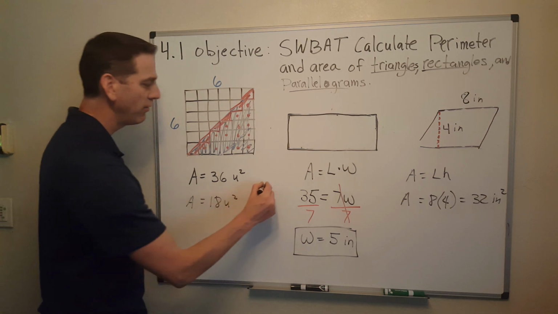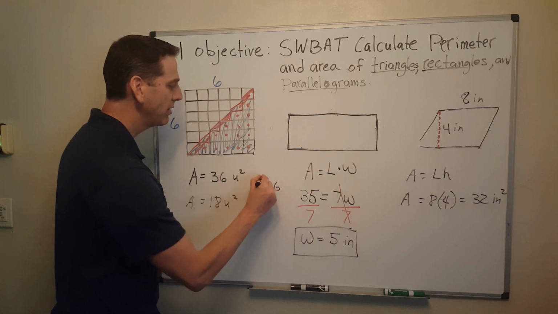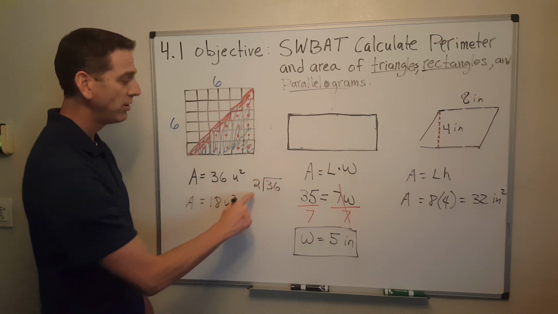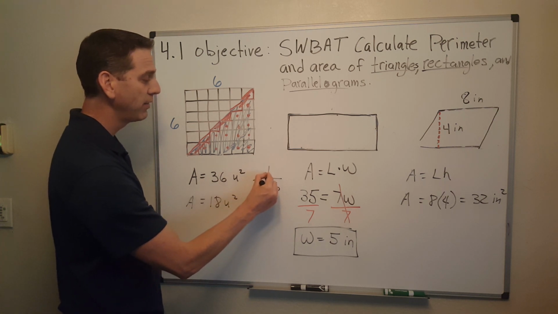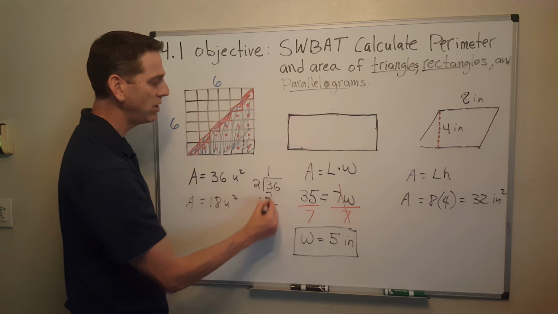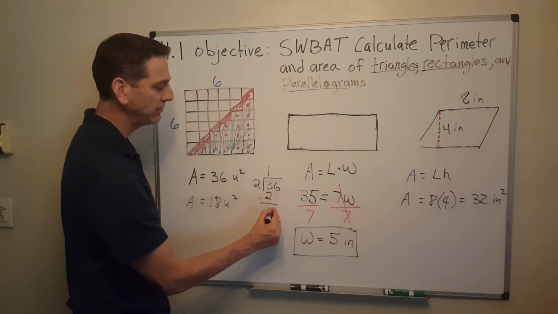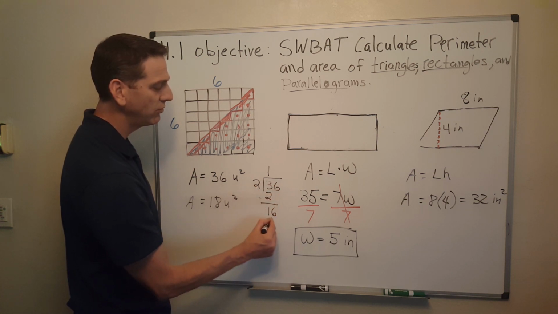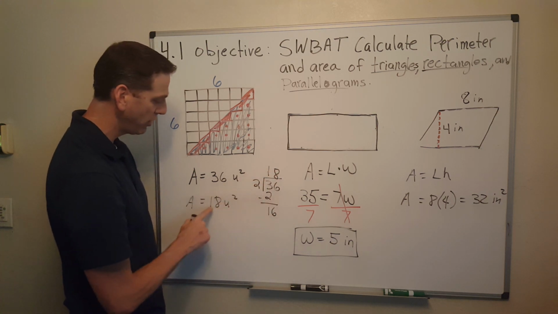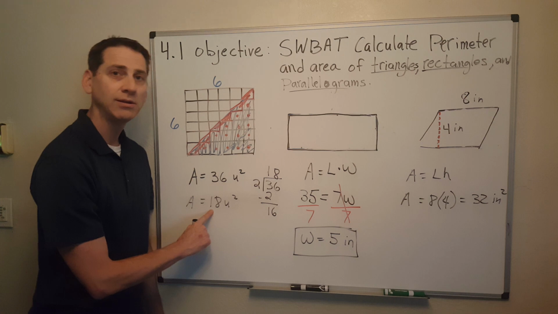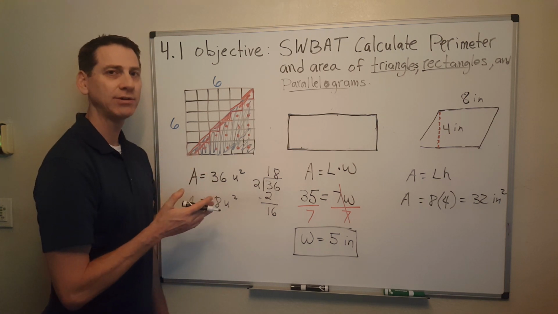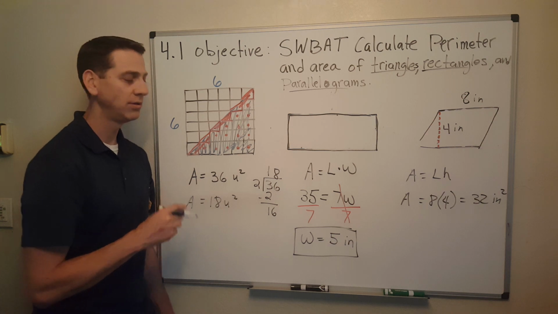Well, let's find out. I can find half of 36 by simply dividing it by 2. 2 goes into 3 one time. 1 times 2 is 2. 3 minus 2 is 1. Bring down my 6. 2 goes into 16 eight times. 18, and lo and behold, look at that. A triangle is simply half of a rectangle.